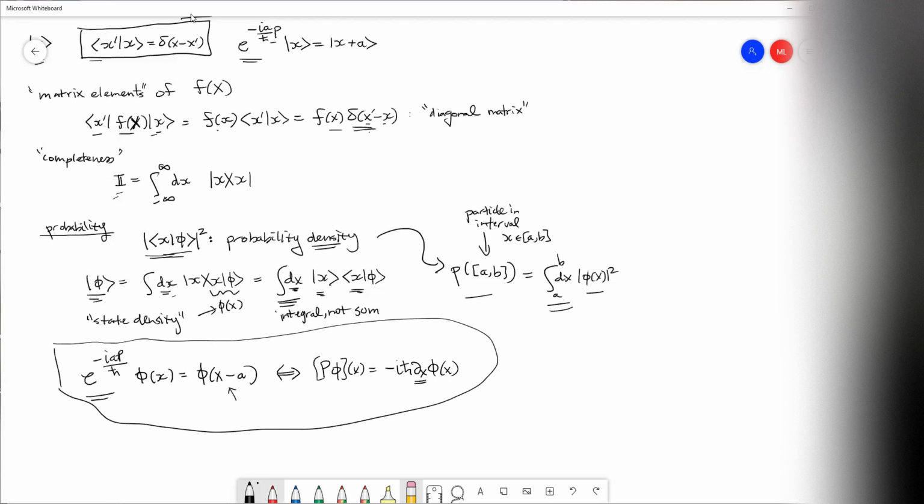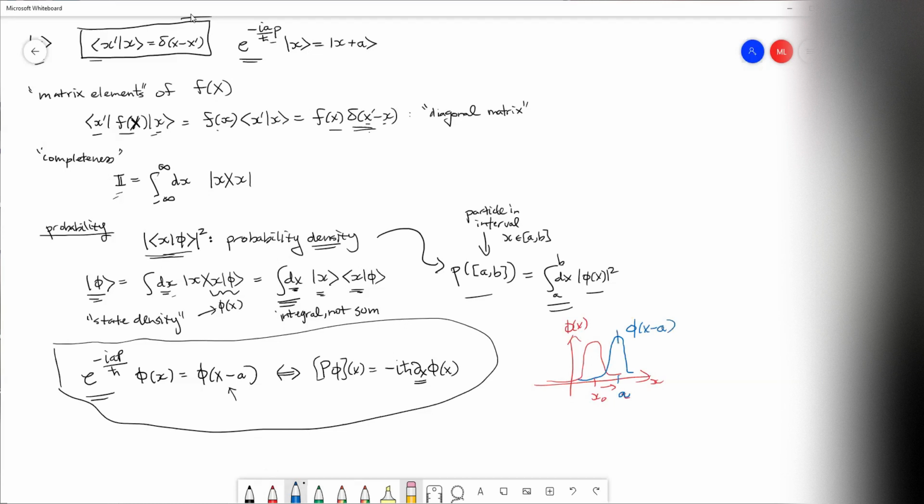It has to be there because if we think about a wave function localized at some x naught, and this is x, phi of x. Then if we translate it by a, we move it over to a, and now it's sitting out here. Then this function is phi of x minus a.